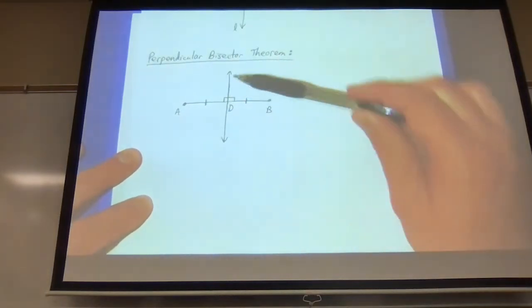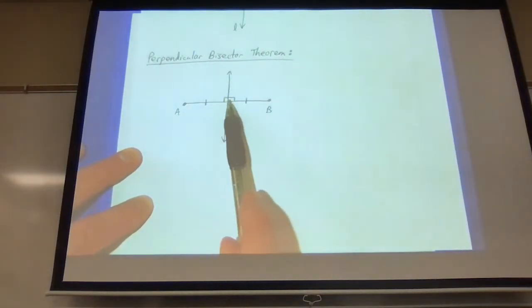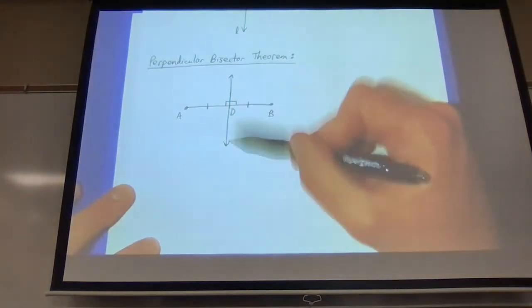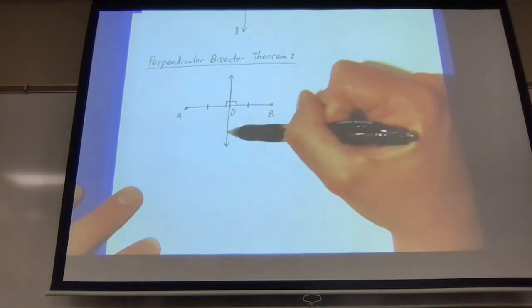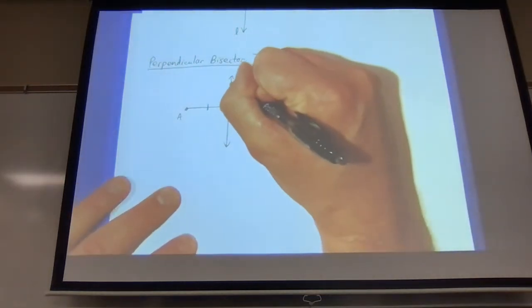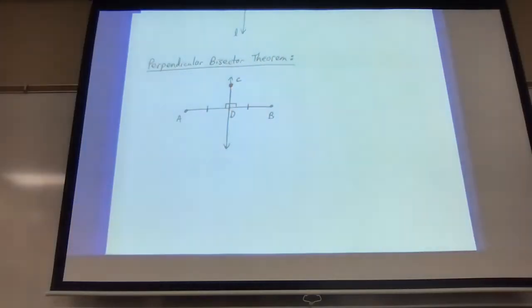We've got our segment. We have a perpendicular bisector coming through it that gives us right angles and splits the segment in half. Now, the theorem says if you pick any point on that perpendicular bisector, I could pick a point on top, on the bottom, in the middle, it doesn't matter where. I'm going to pick a point up here on the top. I'm going to call this point C. It says that point on the perpendicular bisector is going to be equidistant from the endpoints of the segment.